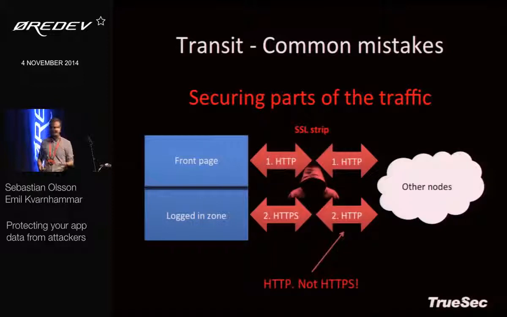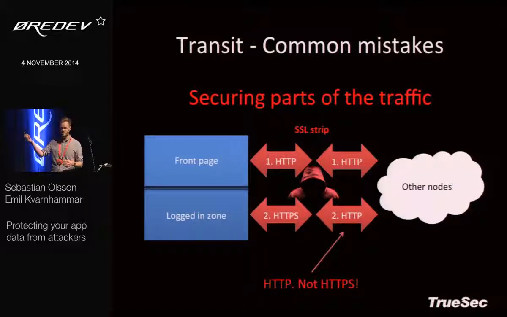And in this case, the attacker will position him or herself in the traffic in the insecure part and then use SSL strip to strip away the linkage to the secure part, thus removing the HTTP part of the traffic.